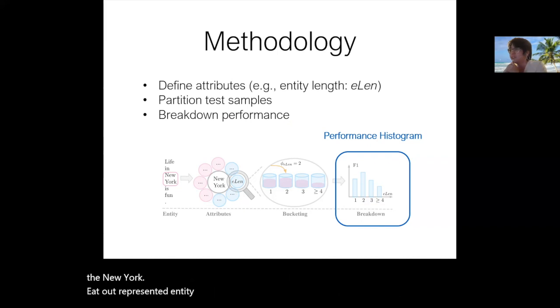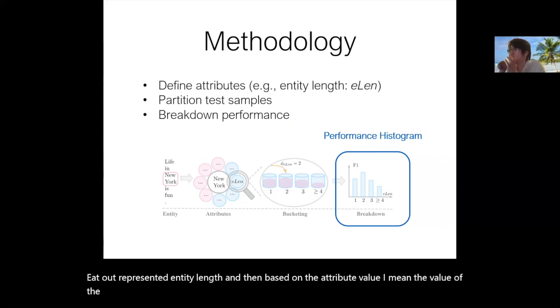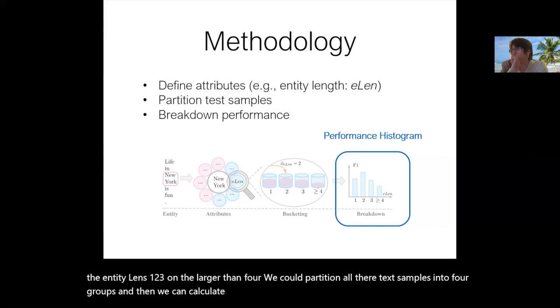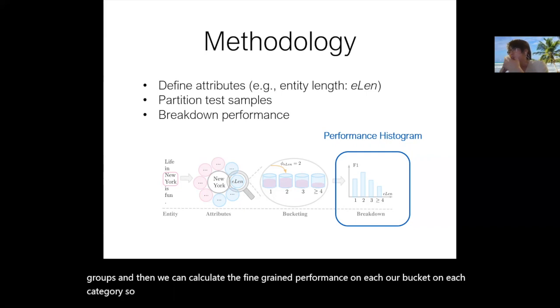Then based on the attribute value, the value of the entity length, 1, 2, 3, and larger than 4, we can partition all the text samples into 4 groups. Then we can calculate the fine-grained performance on each bucket, on each category. Finally, we obtain a performance histogram.